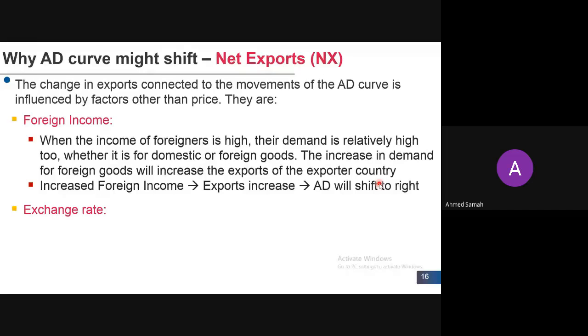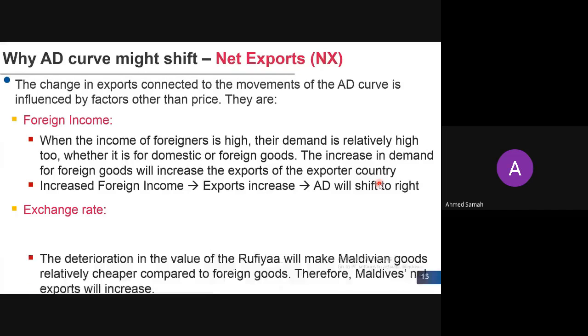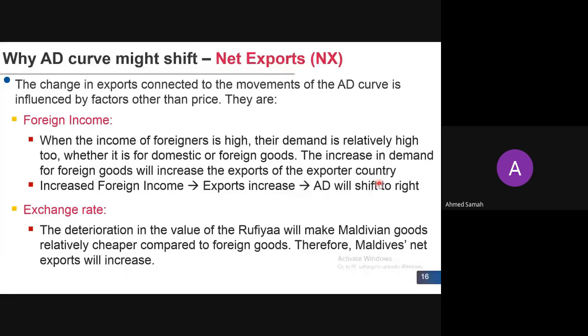Then another thing is the exchange rate. The deterioration in the value of the rupiah, that means if the rupiah depreciates, then it will make Maldivian goods relatively cheaper compared to foreign goods for foreigners, not for locals, but for foreigners. Therefore, Maldives net exports will increase.